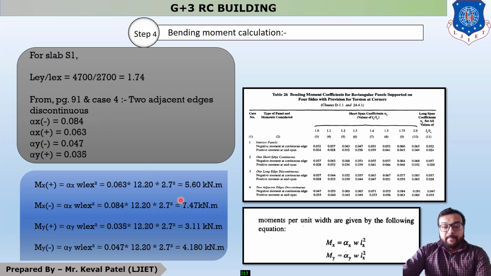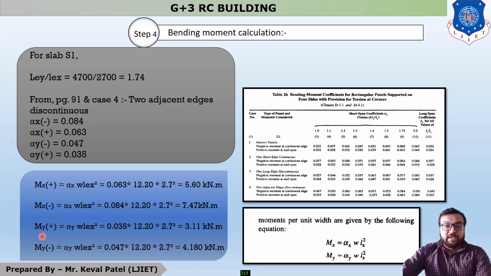The main difference between the Mx and My equations is that for Mx we use Lex squared, and for My you can see it is also Lex, not Ley, because students sometimes make a mistake when writing in a hurry. So your equation of My is equal to alpha y into w into Lex squared.